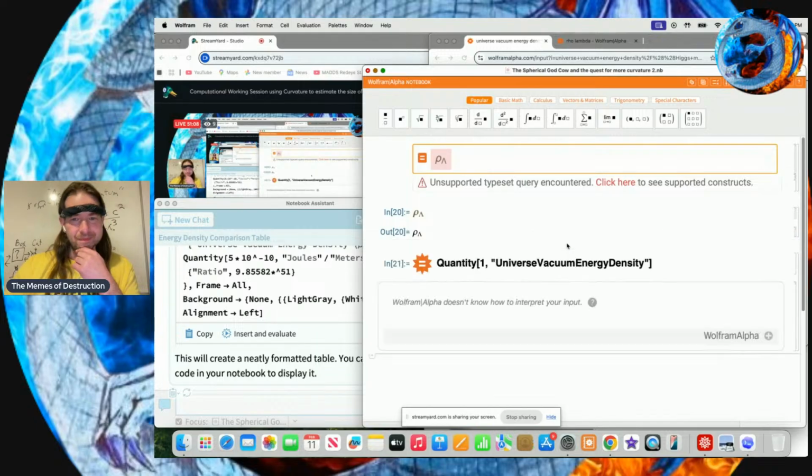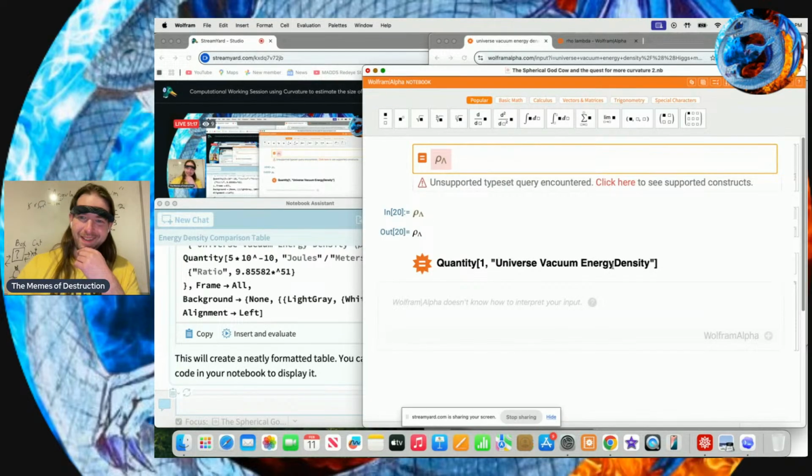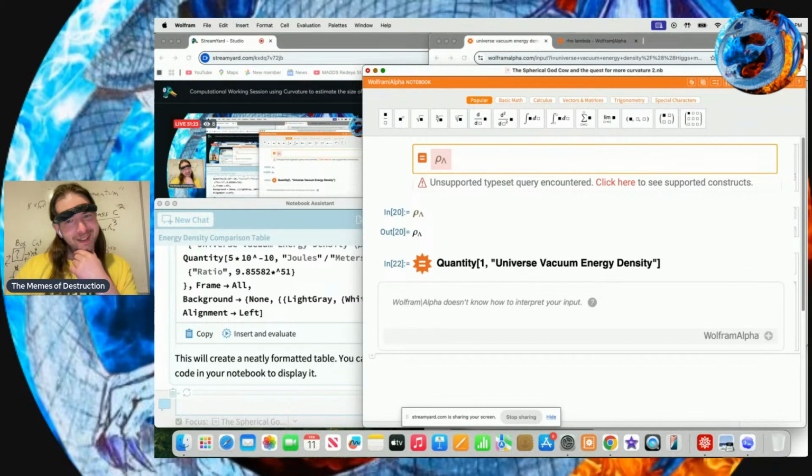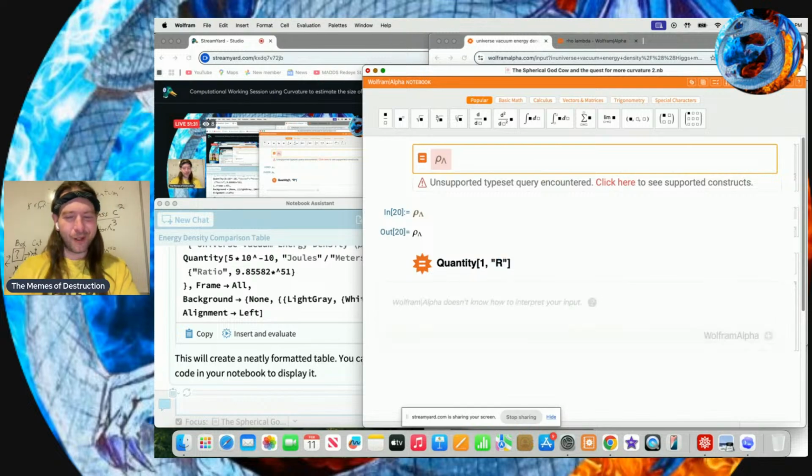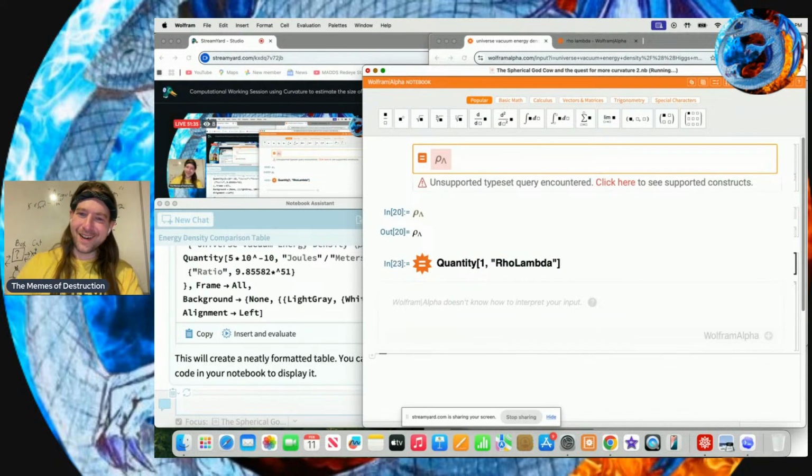Just want to see. Okay. Vacuum. It doesn't. No. Is this the thing? Do I need to put spaces between it? Ooh. Ooh. It doesn't know. Wolfram doesn't know. Wolfram doesn't know. Okay. I know it knows.